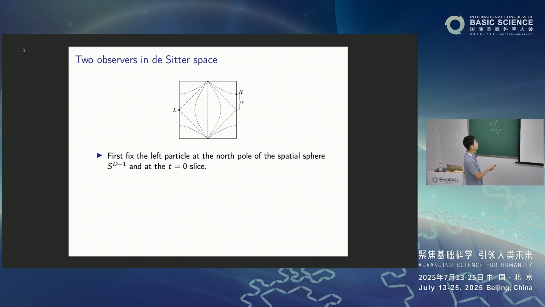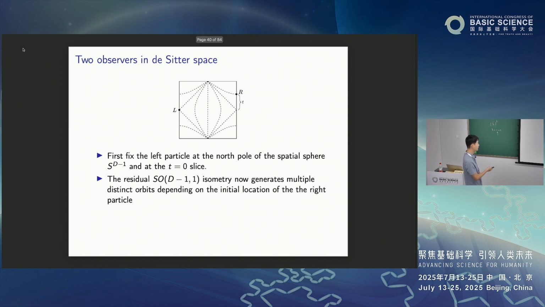After that, you have a residual gauge symmetry SO(D-1,1), and that has multiple orbits in the Penrose diagram of de Sitter space. It turns out that only if the observer is sitting in the other static patch will it satisfy the constraint.